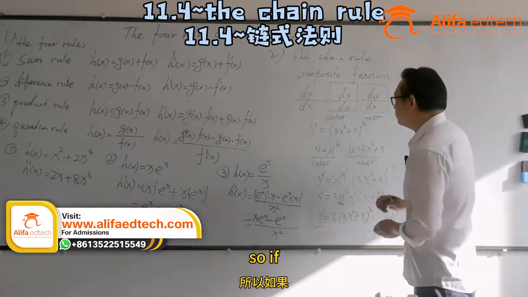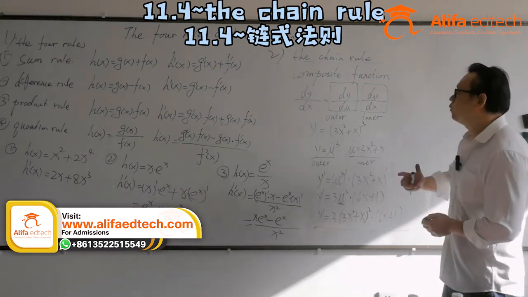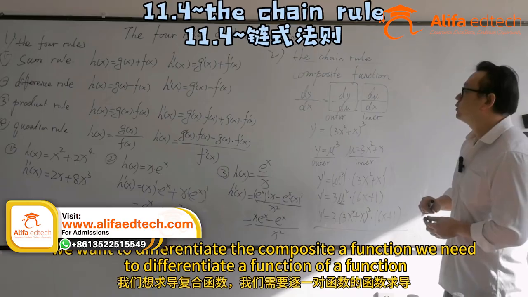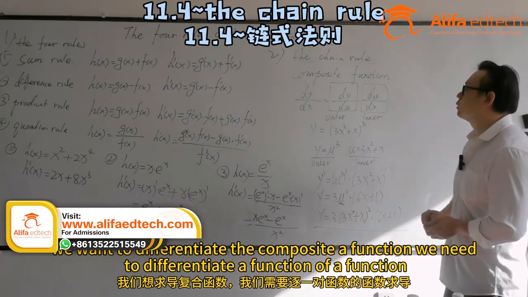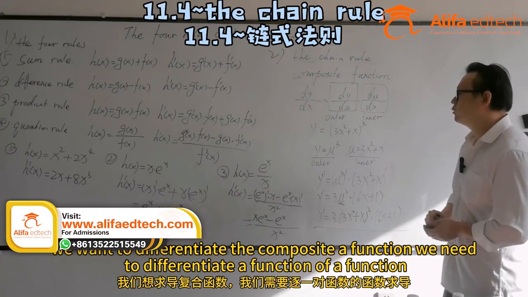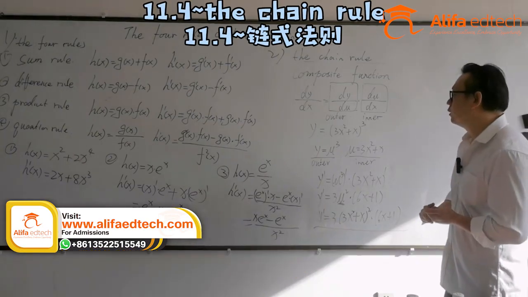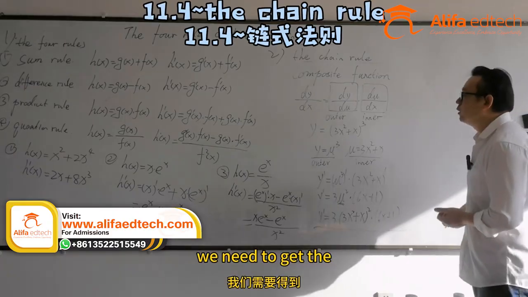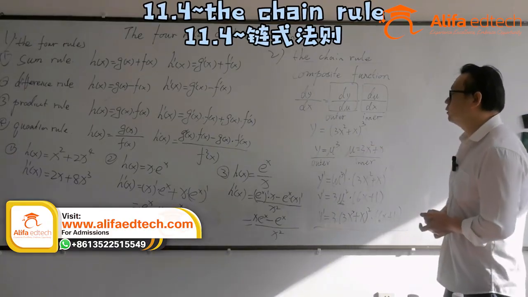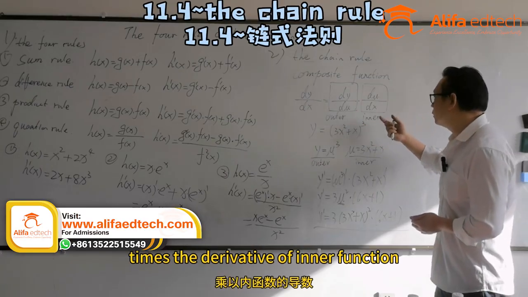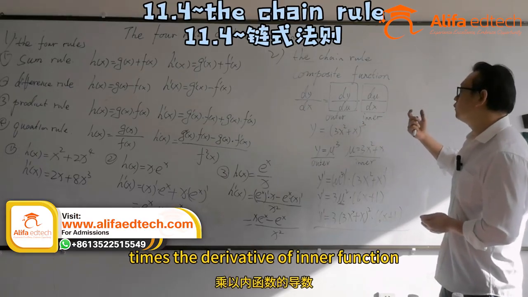So if we want to differentiate the composite function, we need to differentiate a function of a function. We need to get the derivative of the outer function times the derivative of the inner function.